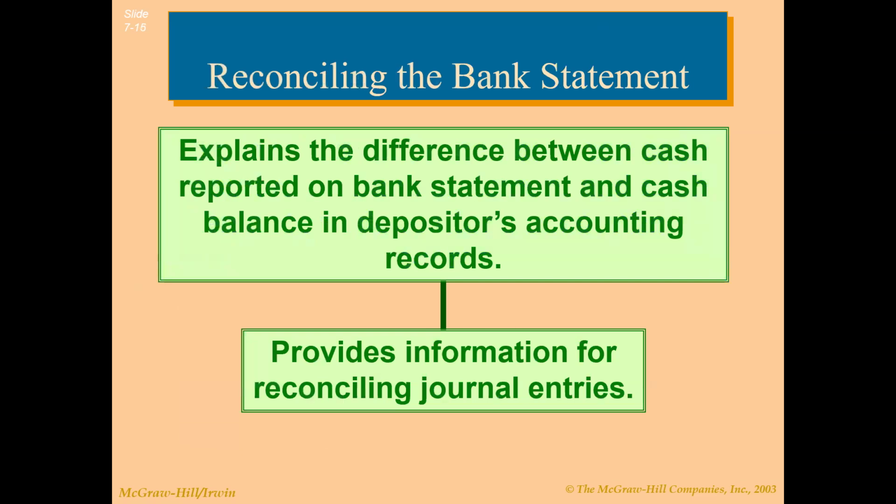What is meant by reconciling the bank statement? As you can see on the screen, it explains the difference between cash reported on the bank statement and the cash balance in the depositor's accounting record. Depositor's accounting record means the company's accounting record. It also provides information for reconciling journal entries, because at the end we need to make a journal entry for adjustment.